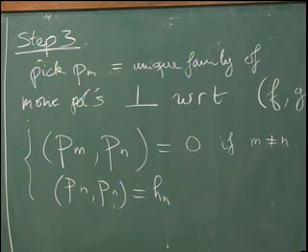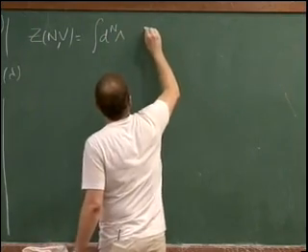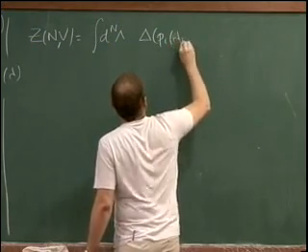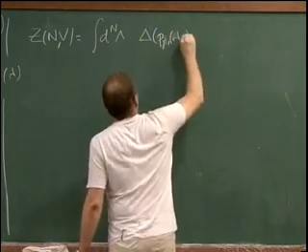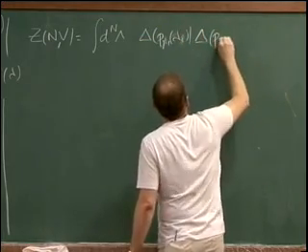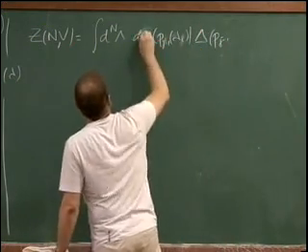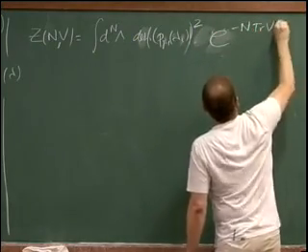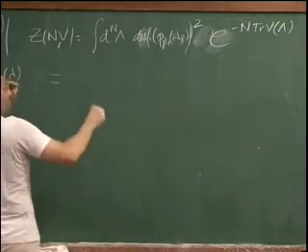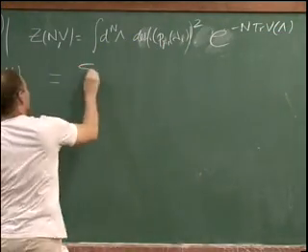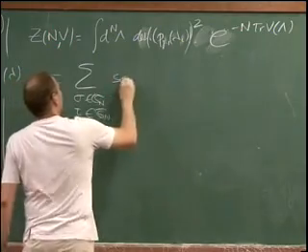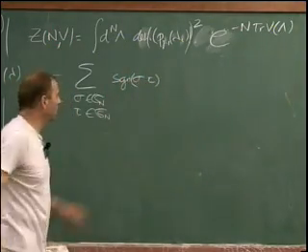So Z of nV is just the integral d^n lambda of the determinant of p_{j-1}(lambda_i) squared, e to the minus n trace V of lambda, which I rewrite by just expanding the two determinants as sums over permutations, sum over permutation sigma in S_n and permutation tau in S_n, signature of sigma tau. Okay, these are the two determinants.